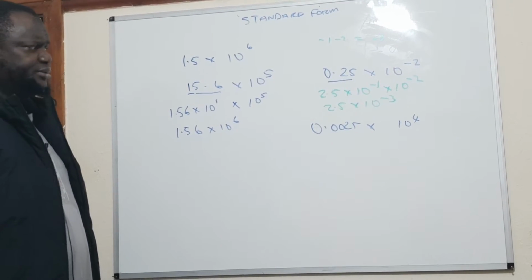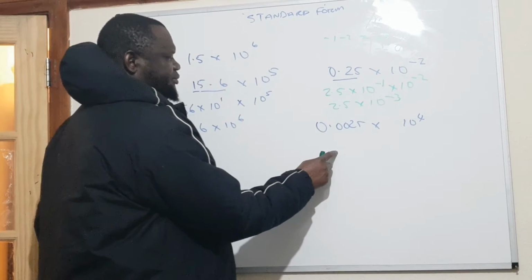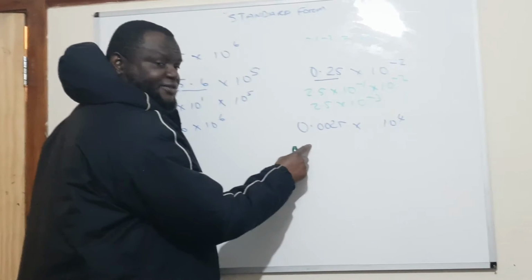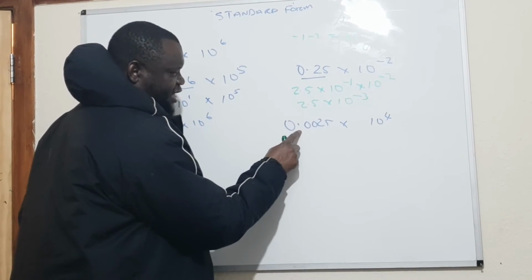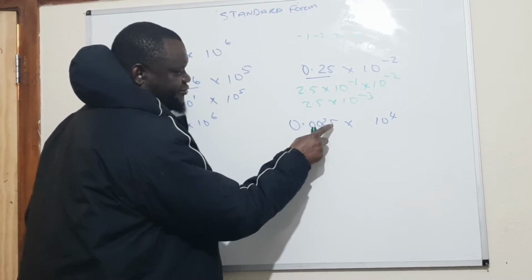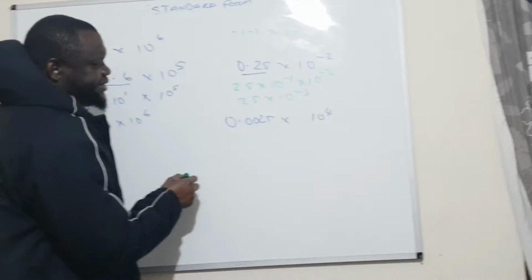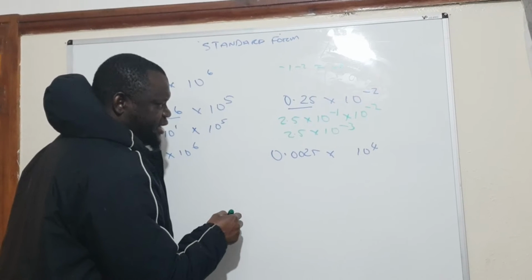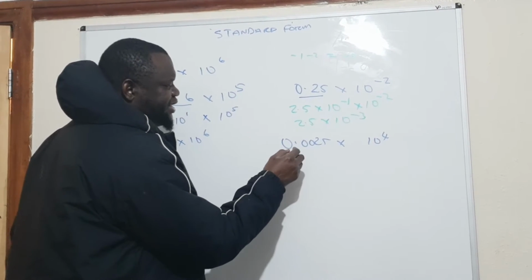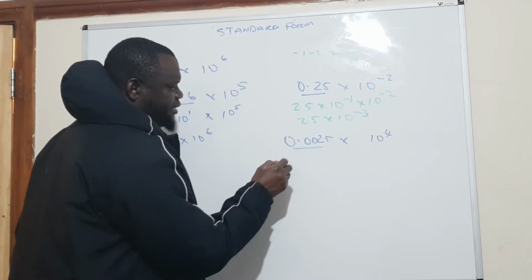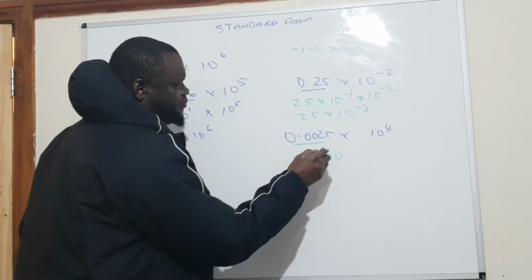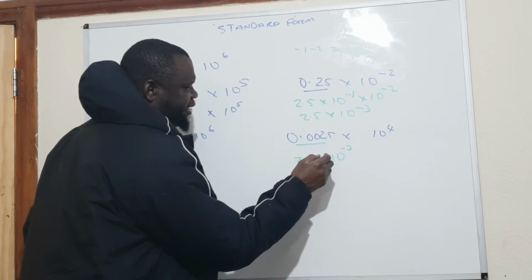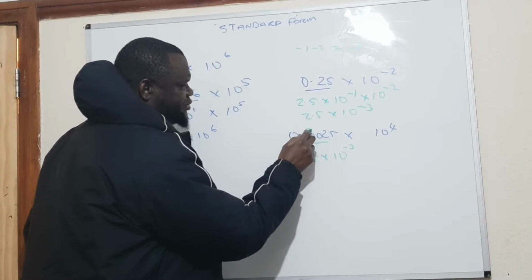And this one, the same thing. This is not in standard form because how many zeros after the decimal point? 3, and then 5, 4 decimal places. So, to solve this, we have to take this one into standard form. That will be 2.5 times 10 to the power minus 3, decimal place 1, 2, 3.